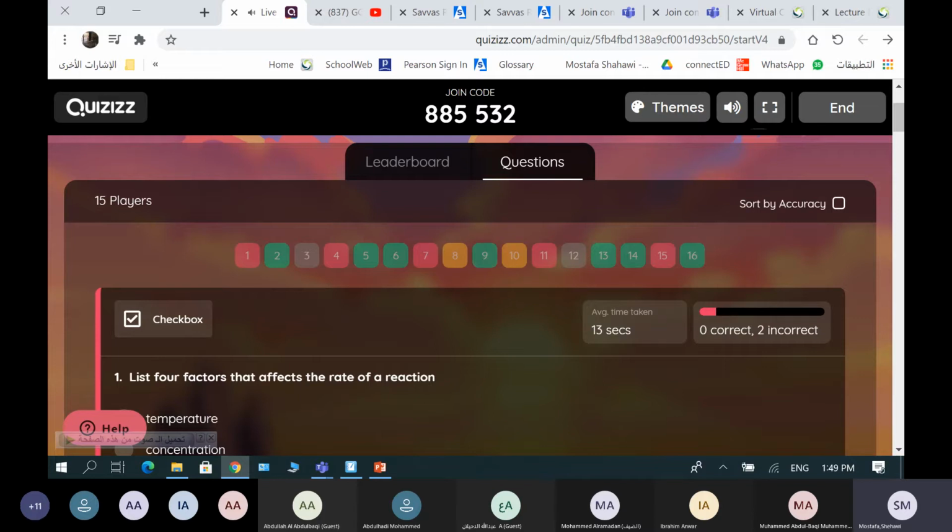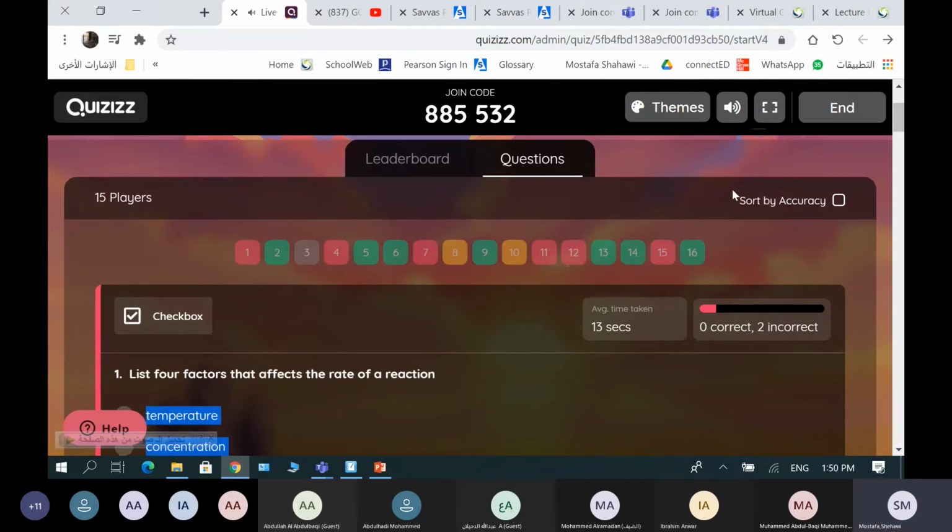Mister, what is a catalyst? A catalyst is a substance that increases the rate of chemical reaction without being used up in the reaction. We will talk about it later. For example, we put platinum in a reaction, and this increases the rate of chemical reaction.